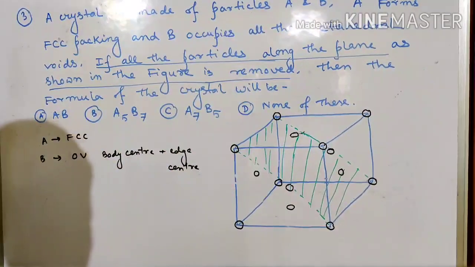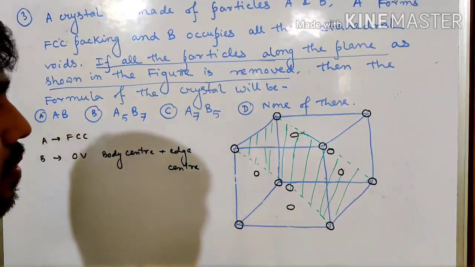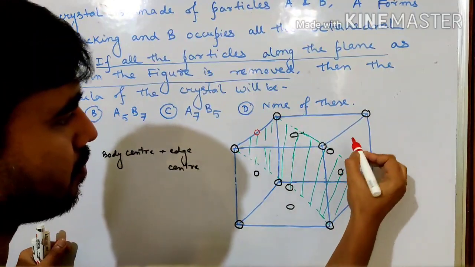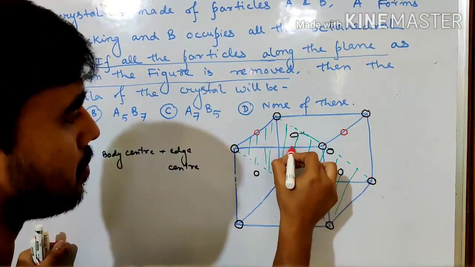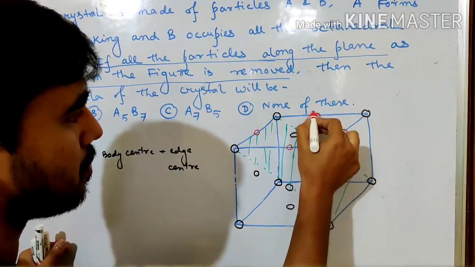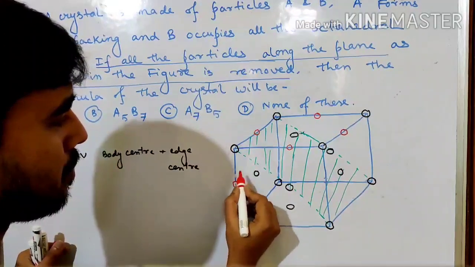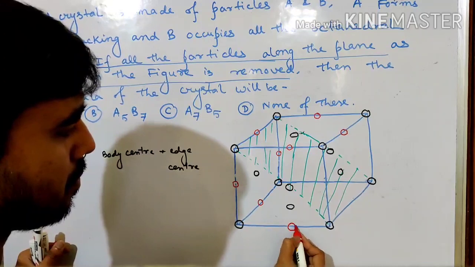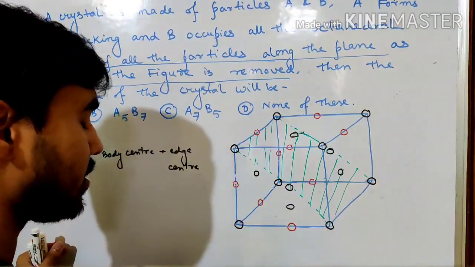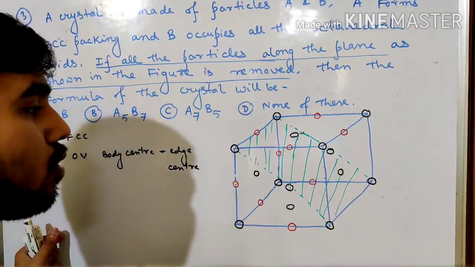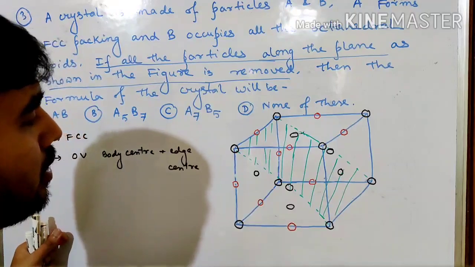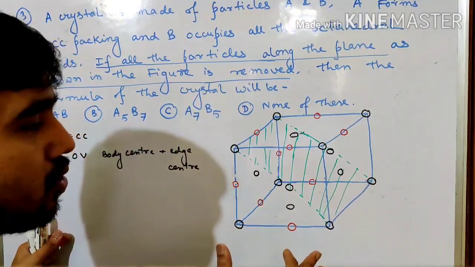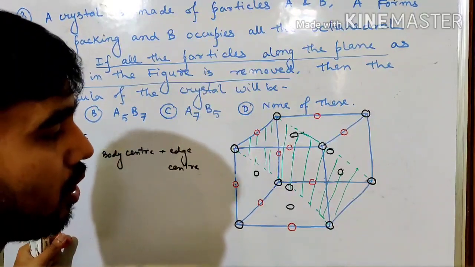So let us first draw the edge center atoms. Why they are present at the edge center, why at the body center, all this has been described in that video. I will try to give the link in the description so that you can find out exactly which video I am talking about.